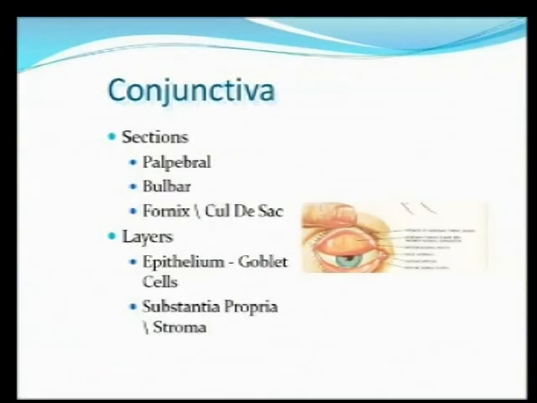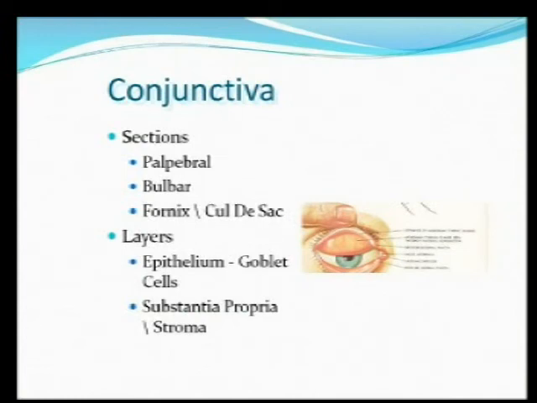Now, one of the things that I skipped over was that there's two layers to the conjunctiva. The outer layer, which is the layer that's directly against the cornea, is the epithelium. And housed within the epithelium are the goblet cells. Now, the conjunctiva is a mucous membrane.